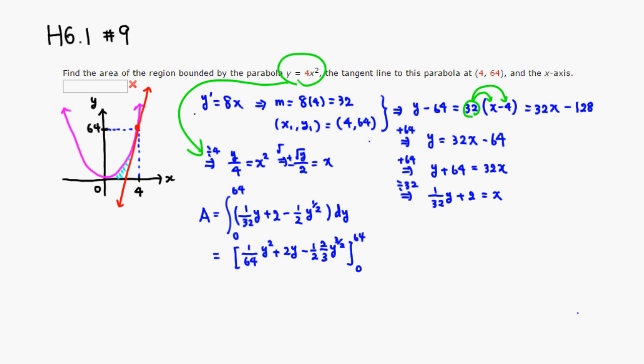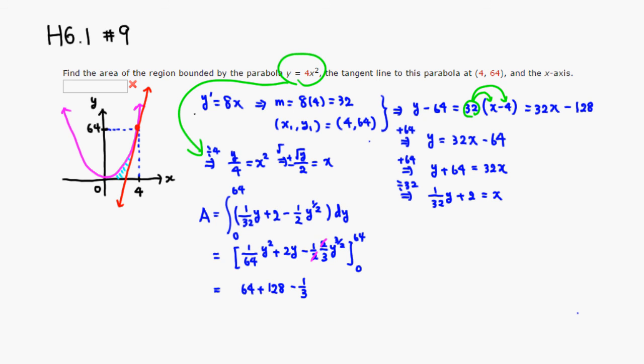So we can cancel the 2 on top and the 2 on the bottom. Then plug in. If you plug in 64, one of the 64s cancels out, so you just get 64, plus 2 times 64 is 128. Then plug in the negative 1/3.